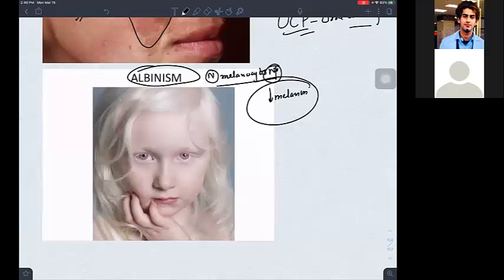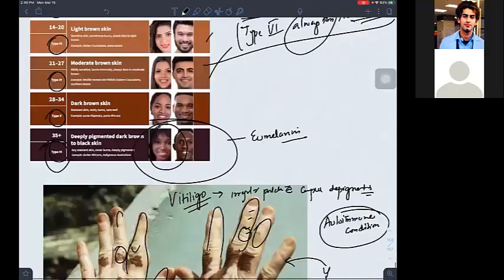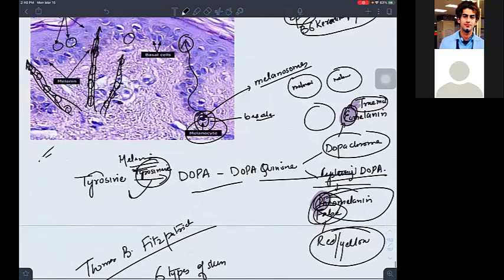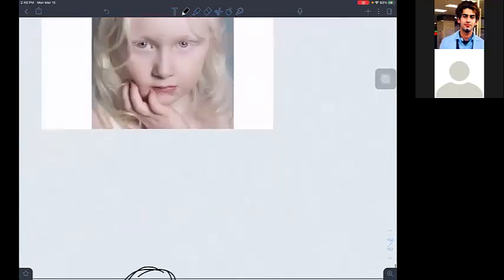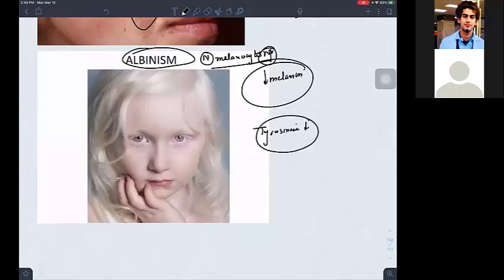Why? Because we said already, where is the biochemical reaction? This is tyrosinase. You were using this enzyme to produce melanin. So if the tyrosinase is less active, or tyrosine is not getting inside the cell, there is a defective tyrosine transport mechanism.